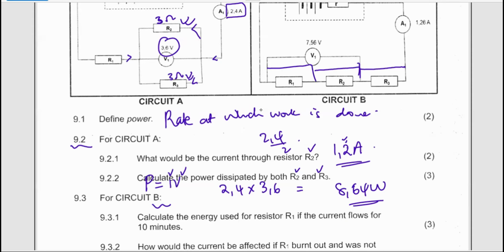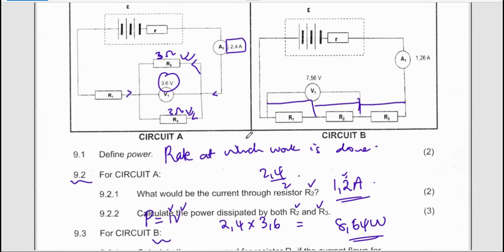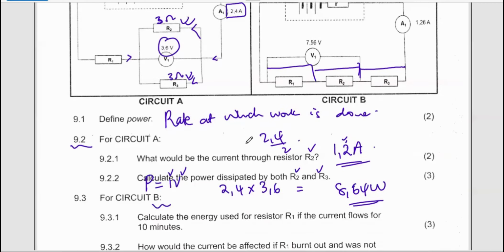The voltage is equal because the resistances have the same magnitude. So first I need to determine the voltage of R1. It's 7.56 divided by 2, and I'm getting 3.78 volts.